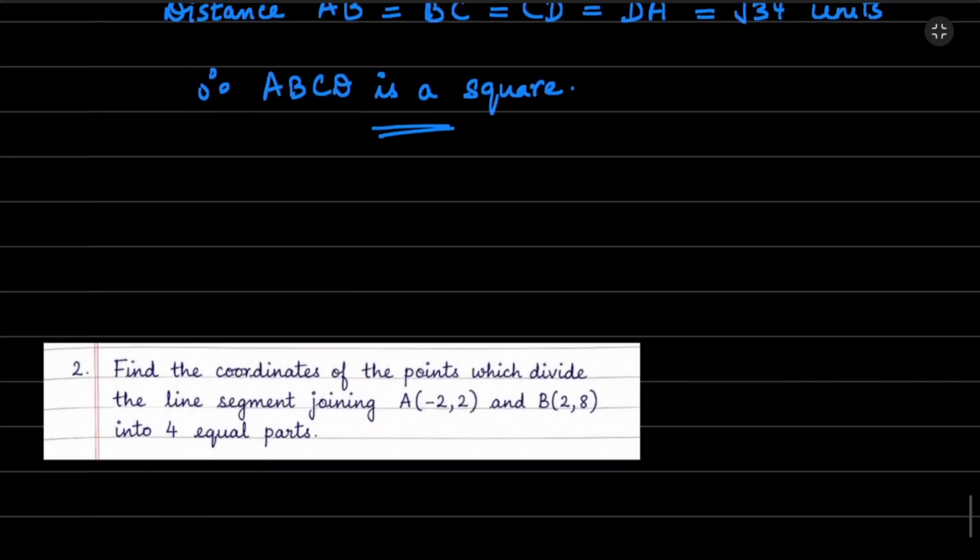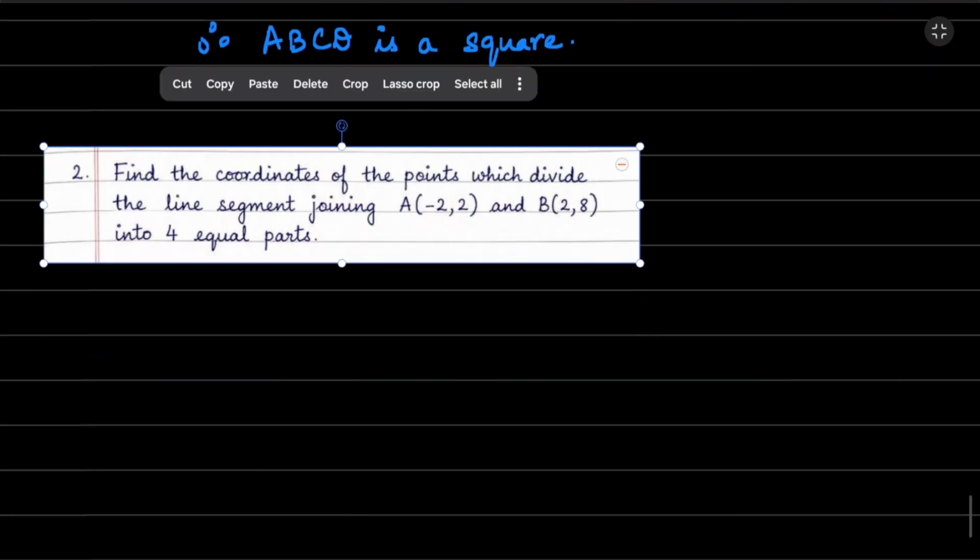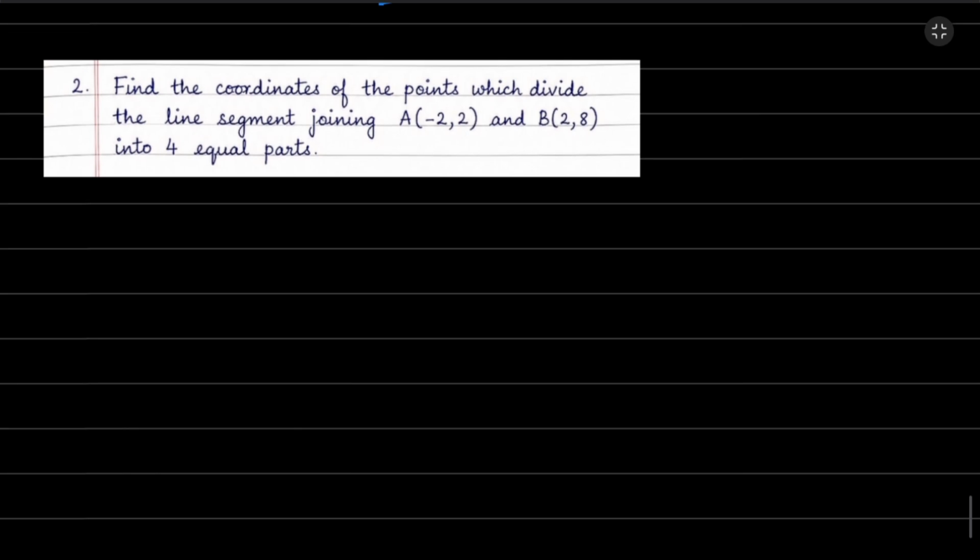Let's move on to the second question. Find the coordinates of the points which divide the line segment joining A and B into 4 equal parts. Again, if we have to divide a line into 4 equal parts, you need to know how many points in between.